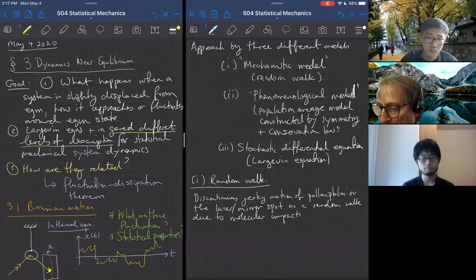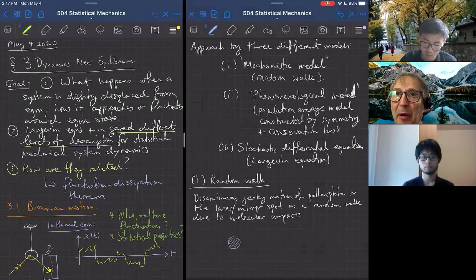So let's draw our cartoon. So here is the particle, the macroscopic particle. This might be a speck of pollen, or it might be the very small mirror, something like this.